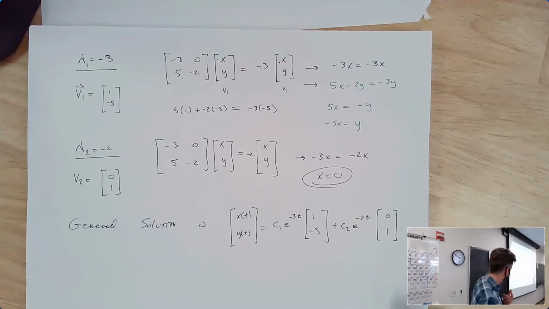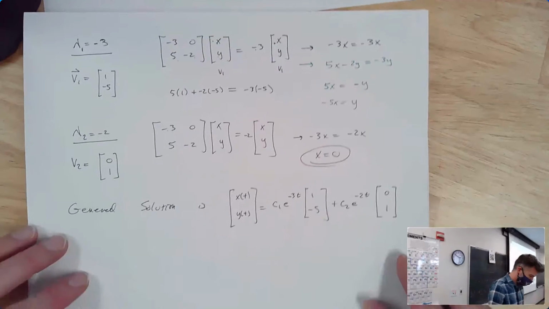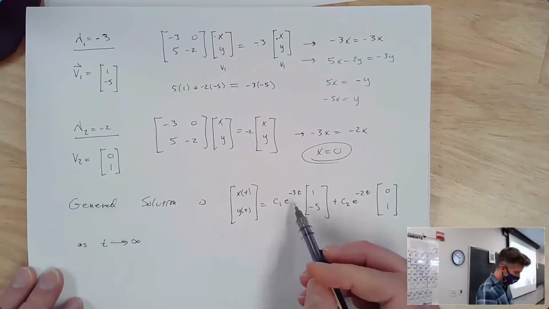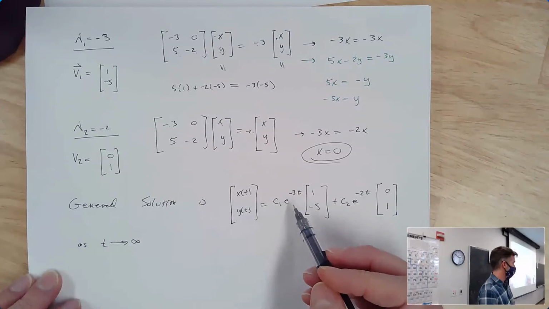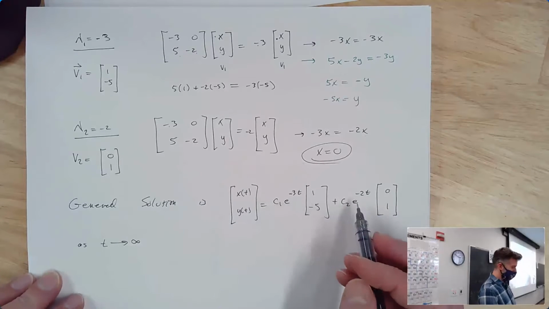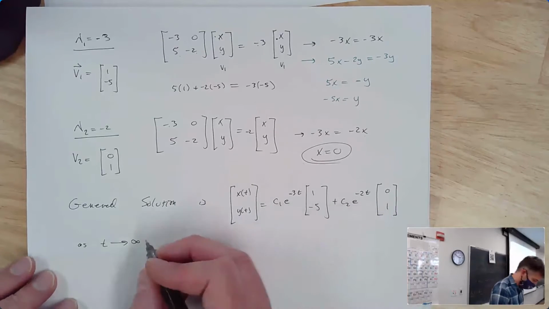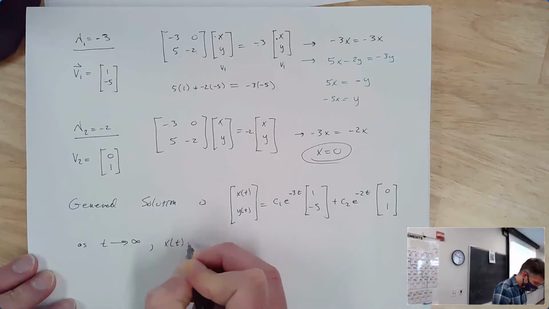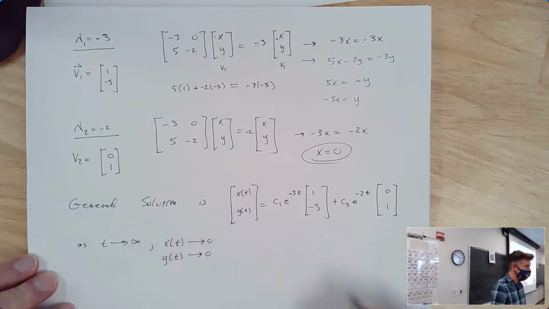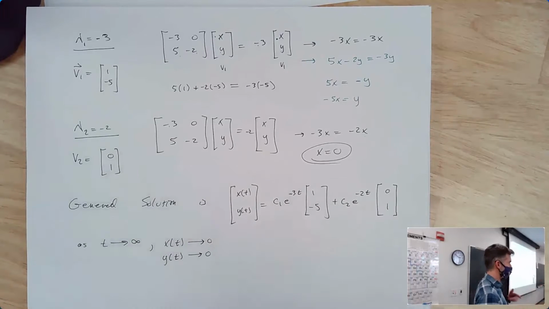And I'm going to say a couple things here. One, as t goes to infinity, e to the negative infinity goes to 0. So both x and y are going to go to 0, which already is speaking to the stability of this system. As t goes on and on, x and y get closer and closer to 0.